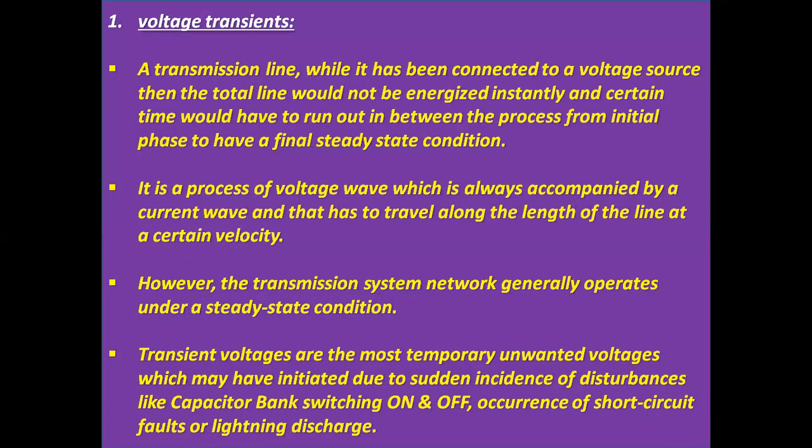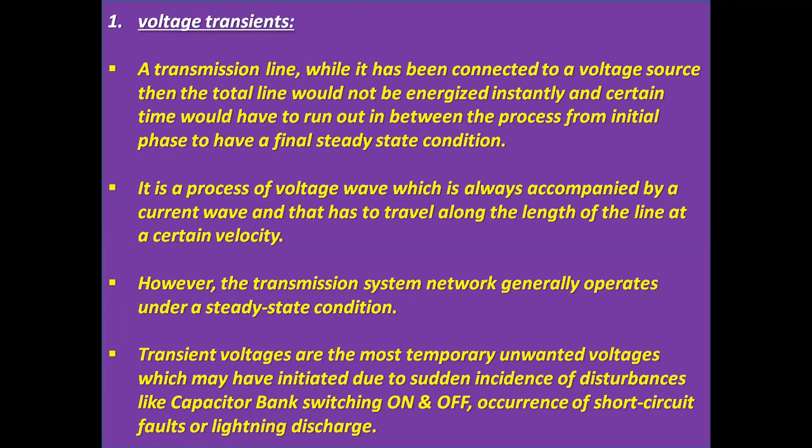Now let's discuss voltage transients. A transmission line, while it has been connected to a voltage source, would not be totally energized instantly, and a certain time would have to run out in between the process from initial phase to the final steady state condition.